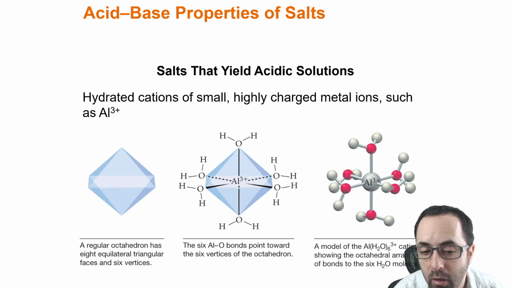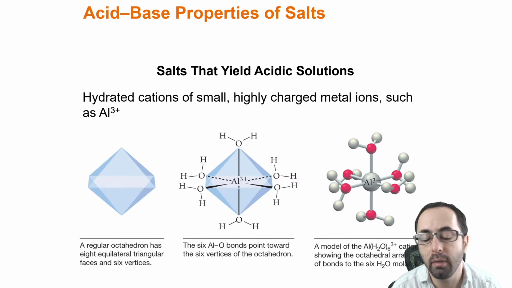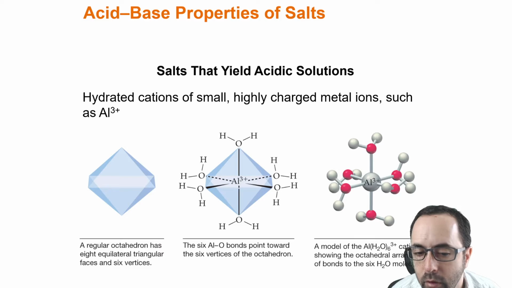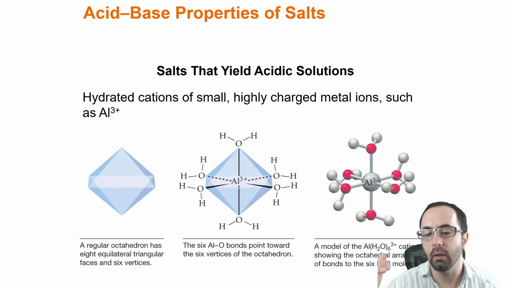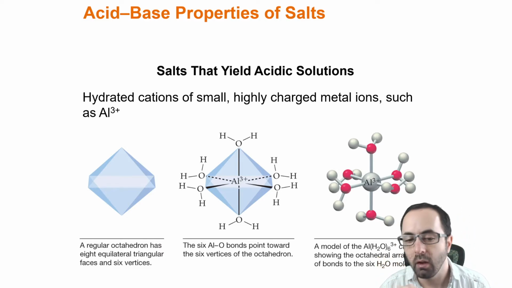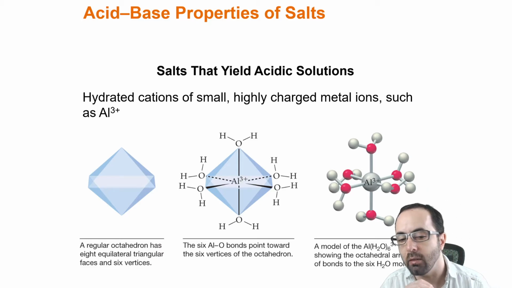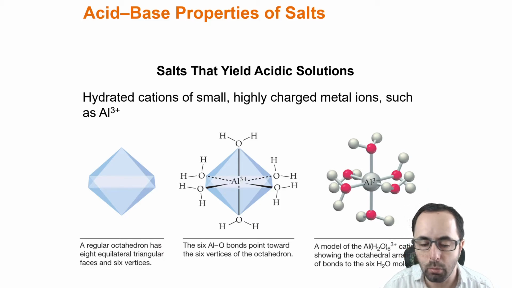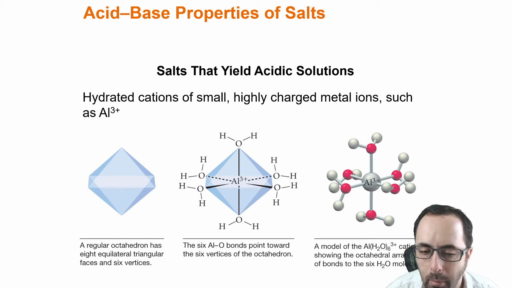Then there's another class of cations that can form acidic solutions, and those are transition metal cations generally. They are those that are highly charged and small. So we're talking at least +2 in charge and generally near the top of the periodic table. So the quintessential and kind of perfect example of this is aluminum. Aluminum is near the top of the periodic table.